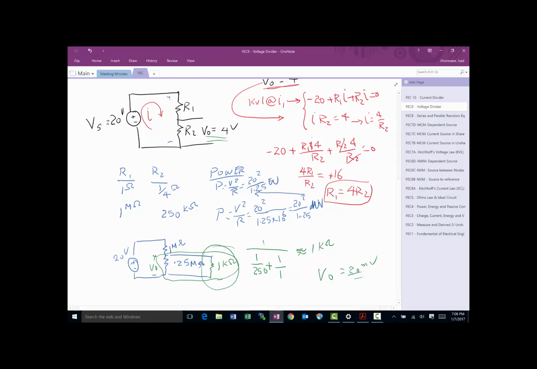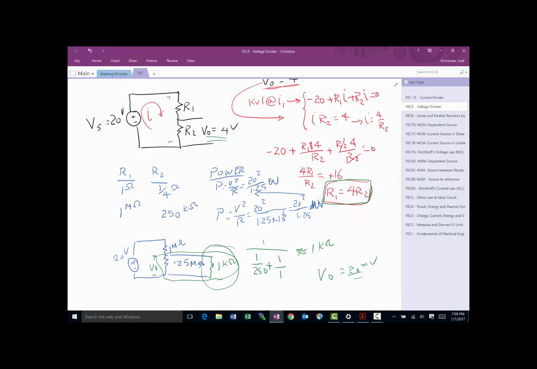Okay, so let's go back and summarize the voltage divider. Anytime you have a voltage divider, the easiest thing to do is to go ahead and do a KVL on it and solve it. Regardless of what voltage divider you're working on, you're going to end up with more variables than equations, which means you're going to have lots of solutions, and you have to decide. You have to pick one of the resistors to figure out the other resistor, and you have a choice of either optimizing for power or optimizing so the voltage output doesn't change when you load it.